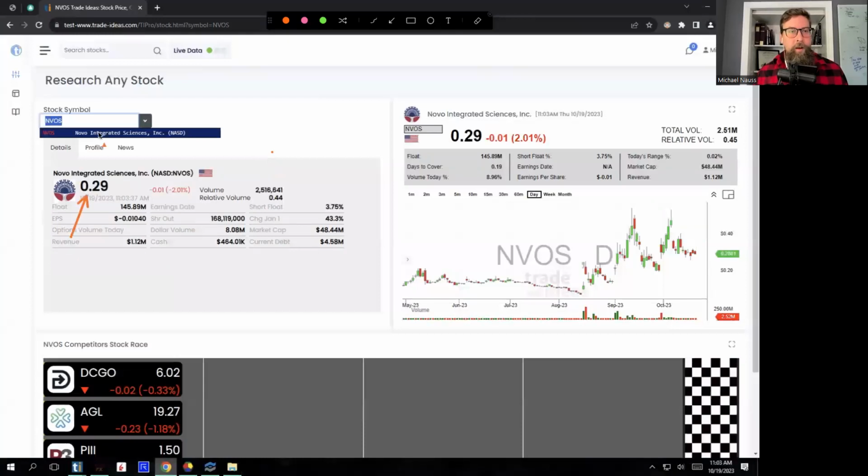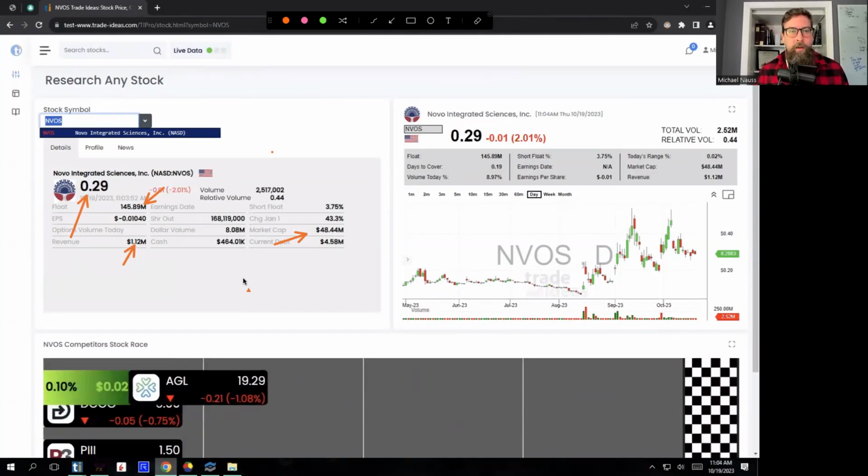So this one's 29 cents, with only 149 million shares in the float. This is a really, really little guy. And this just gives me a feel with a market cap of $48 million. I know it's going to be incredibly volatile when things come in. And then just things like $1 million in revenue, and is it a profitable company, that type of thing.